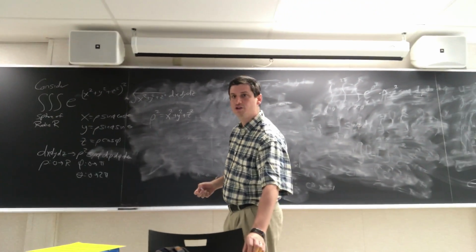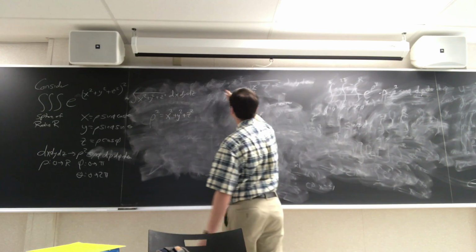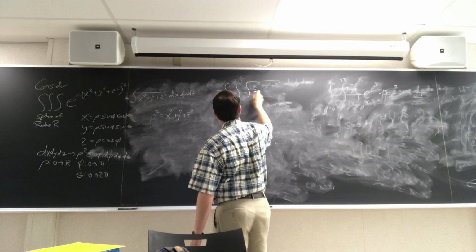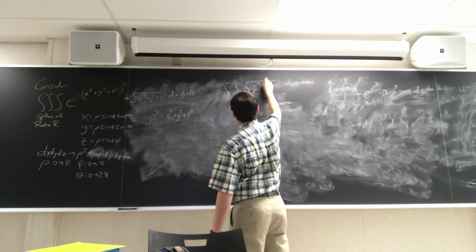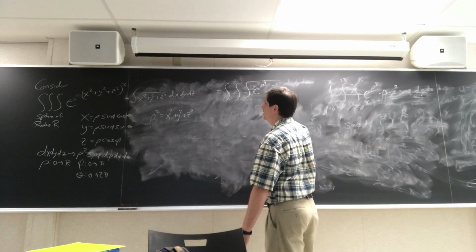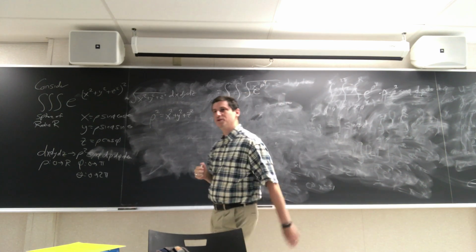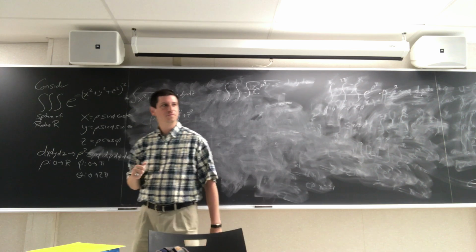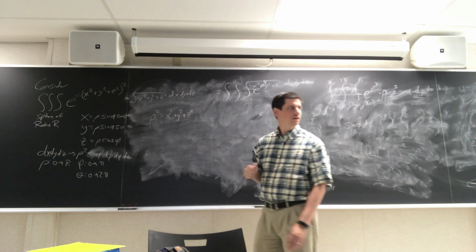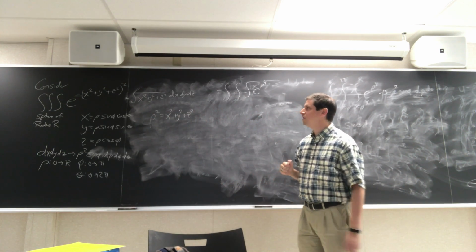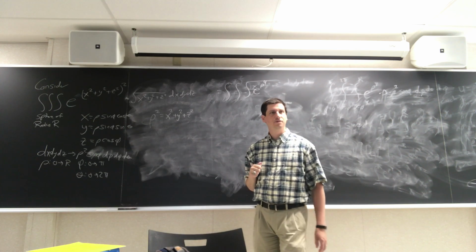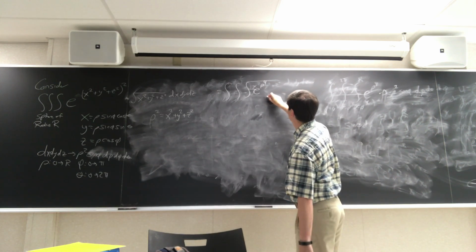So let's just do this really slowly. We now get our integral is, we'll have e to the rho squared squared, which is rho to the 4th. Then what's the square root of x squared plus y squared plus z squared? Right, rho.